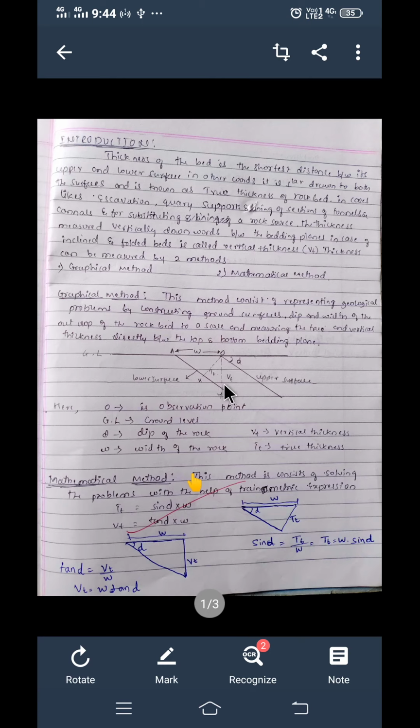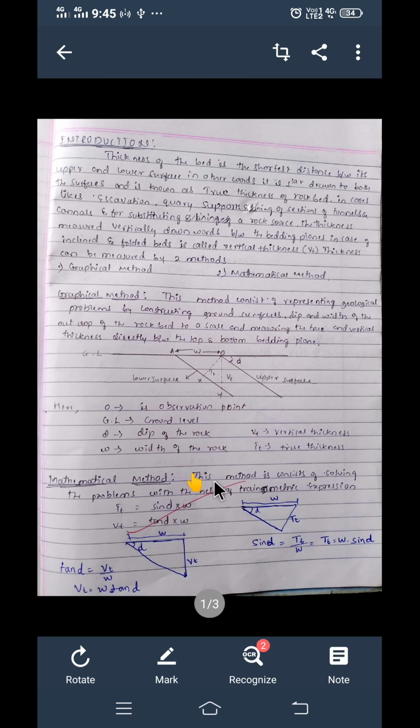This height is the vertical thickness. Take a perpendicular from the rock bed plane to the ground level; this height is the true thickness of the rock bed, right?